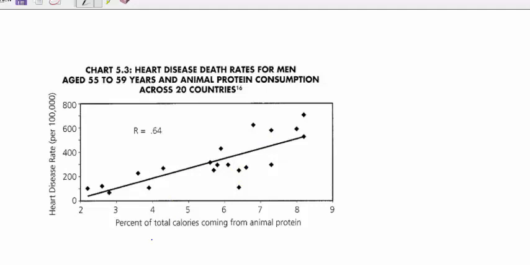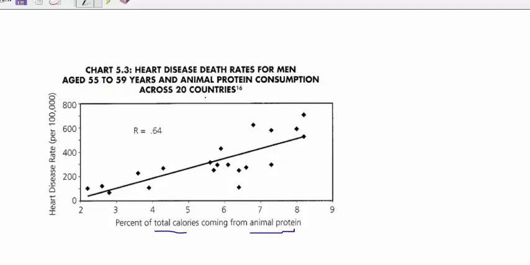On the x-axis is the percent of total calories coming from animal protein, and here, heart disease rates per 100,000 people, for people from 55 to 59 years old across 20 countries.